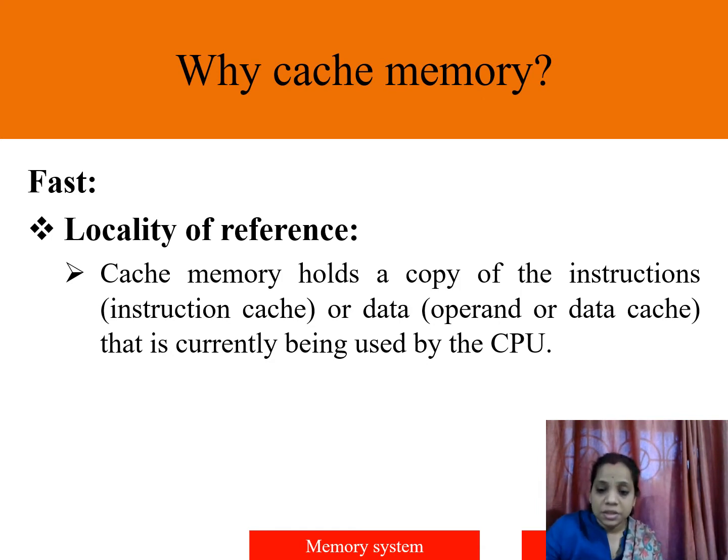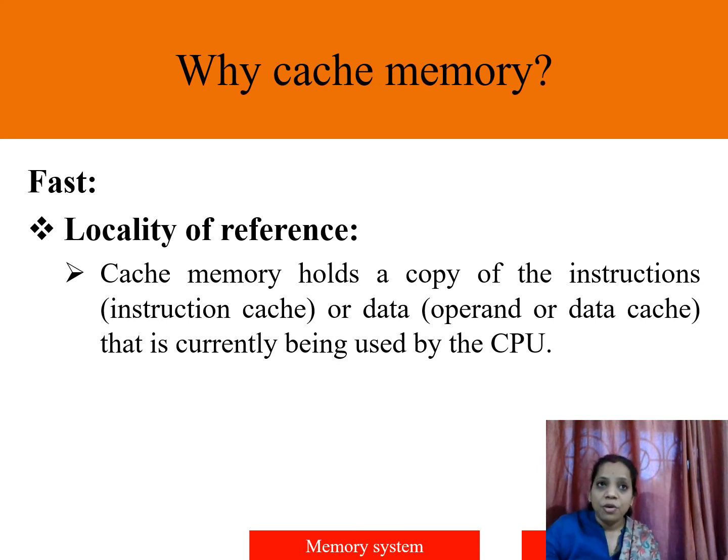The primary memory, or the main memory, or executable memory, whatever you call it, is typically a DRAM. Okay, and the cache memory is SRAM. As per our knowledge, SRAM is much faster than DRAM.